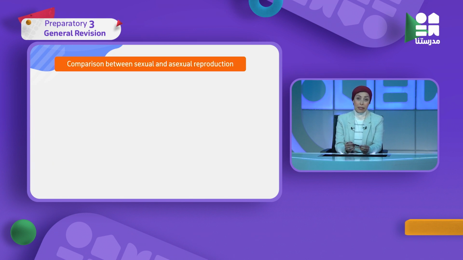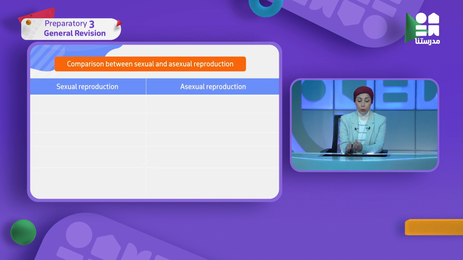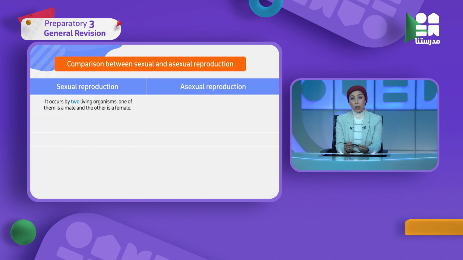The second comparison is between sexual and asexual reproduction. Let's see the points of comparison. At the beginning, we have to know that sexual reproduction occurs between two individuals, one male and the other female, while asexual reproduction occurs in only one living organism.